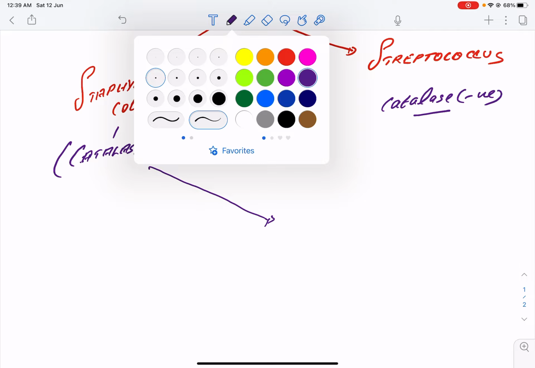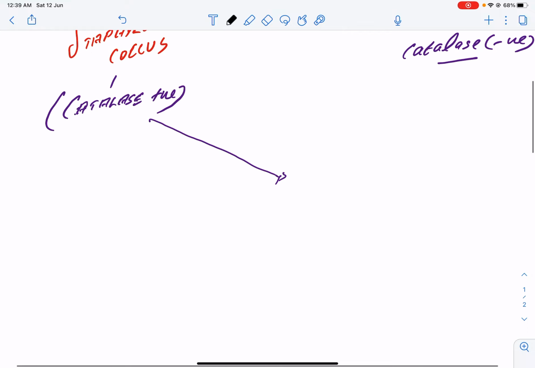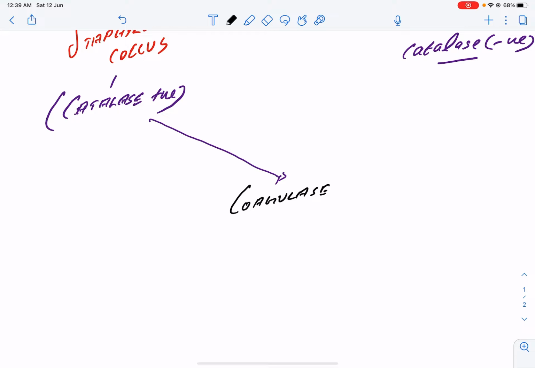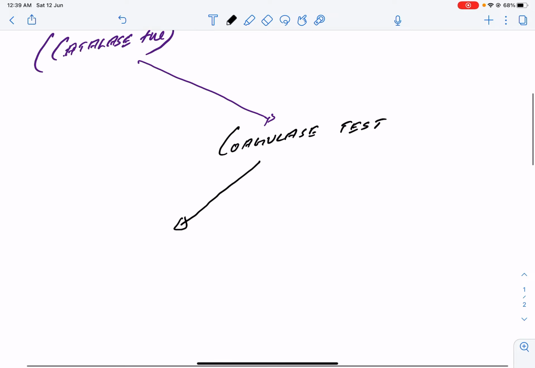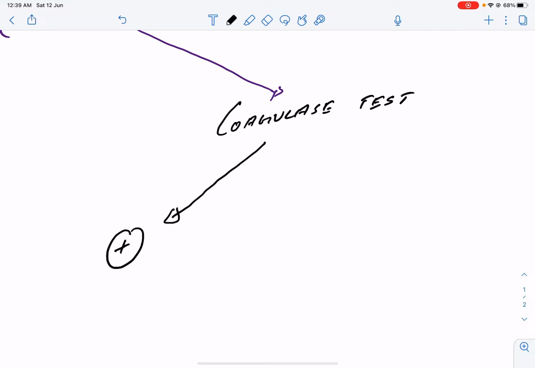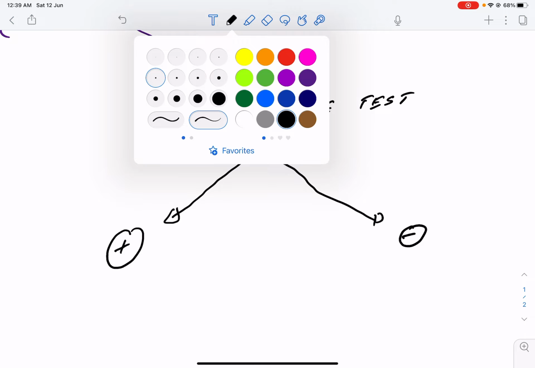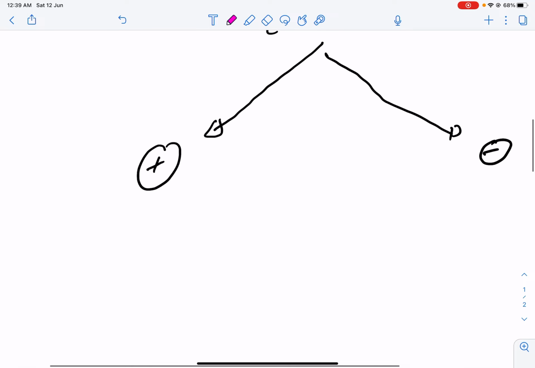Everyone is catalase positive, but there is another test, the plasma coagulase test. According to the coagulase test, we divide Staphylococci into two again. One is coagulase positive and the other is coagulase negative. What is a typical bacteria that is plasma coagulase positive?